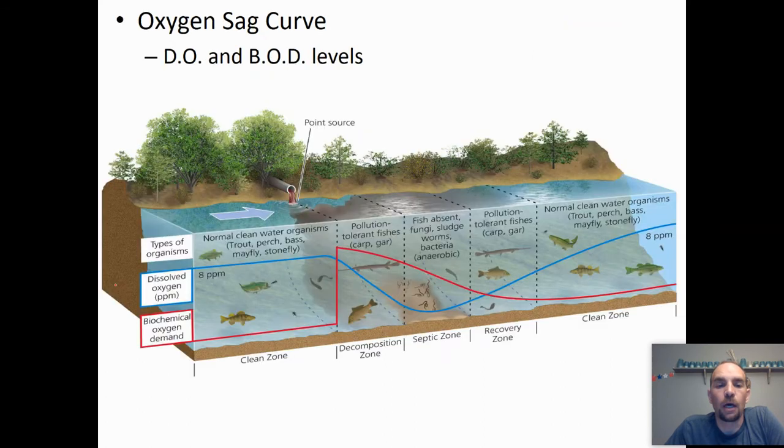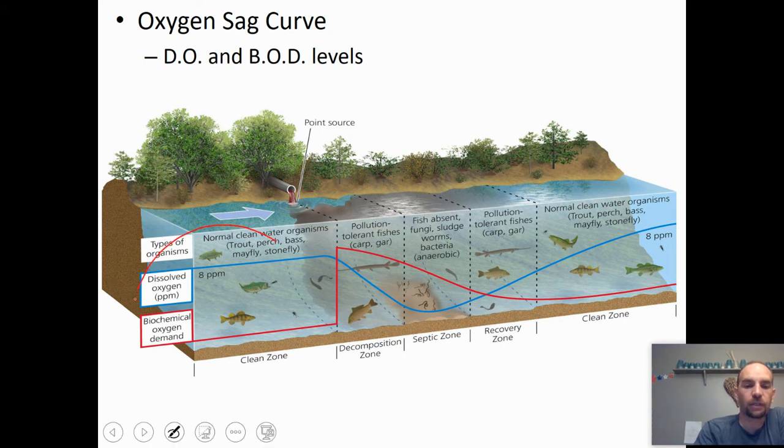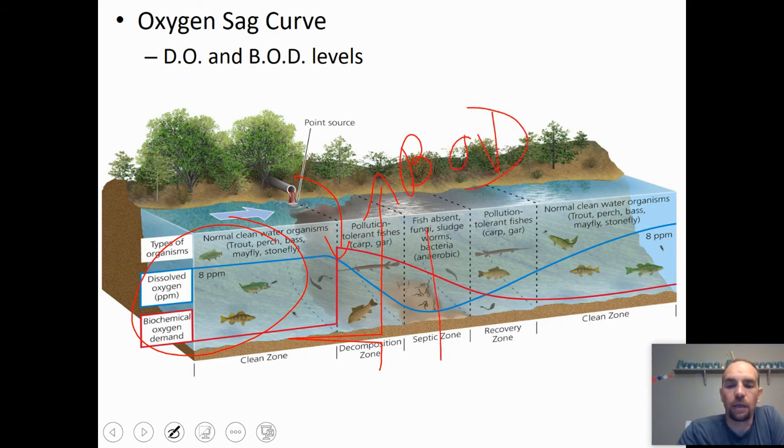Right. We looked at the oxygen sag curve. So a healthy area should have a lot of dissolved oxygen, and the biological oxygen demand would be low because there's not that many bacteria living. But if we have a point source pollutant, especially if it has fecal matter or sewage in it, you see this movement of BOD goes up, and your dissolved oxygen goes down.